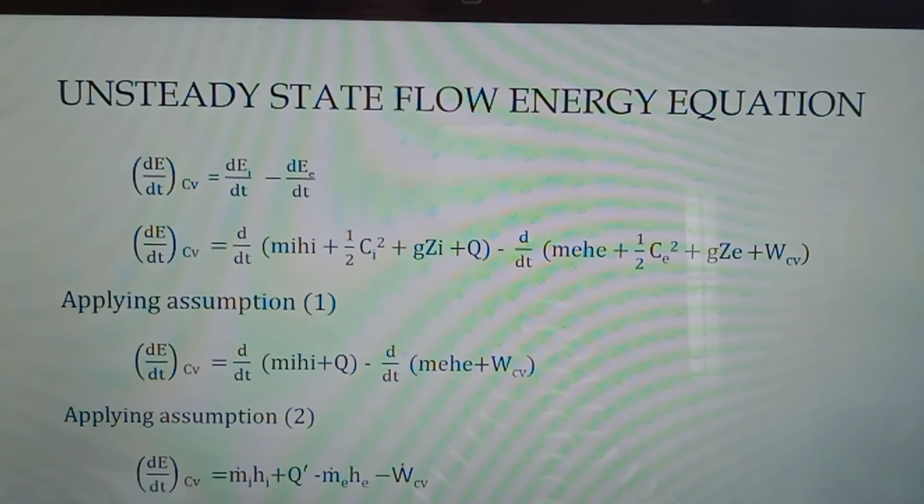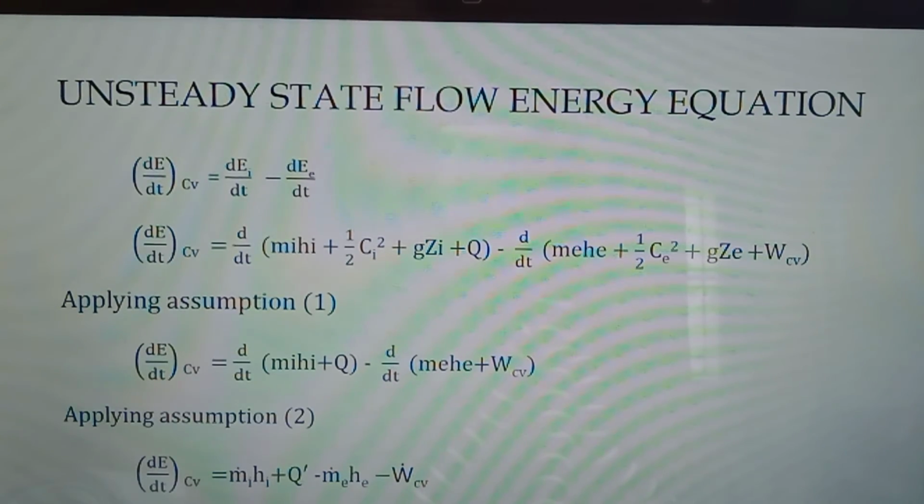Here MeHe is the internal energy available at the exit region, half Ce square represents the kinetic energy at the exit region, Gze represents the potential energy at the exit region, and Wcv is the work done by the control volume at the exit side.